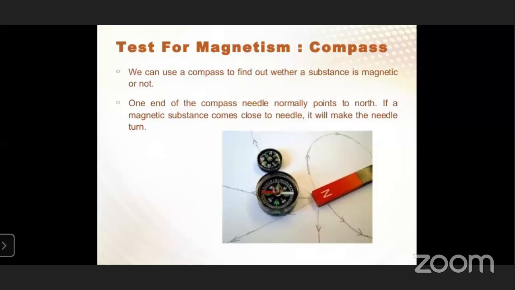Now we will note where the magnet comes to rest. Where will it come to rest? North side or south side? You can repeat this experiment.